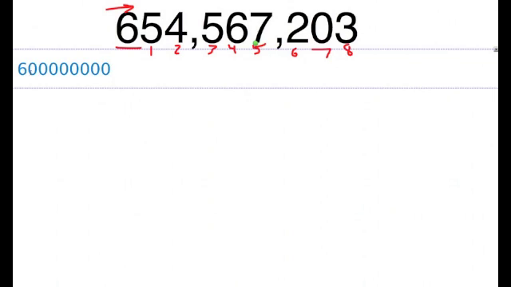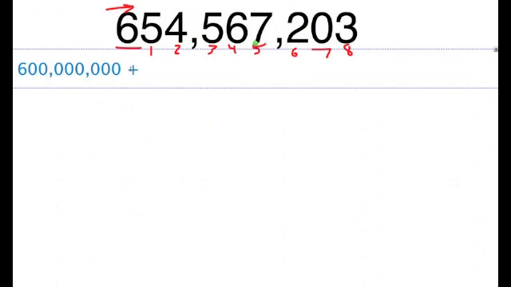Okay? Then, starting from the right, I will count over 1, 2, 3 zeros. I need a comma because every 3 digits from the right to left requires a comma to create the proper number. Then I'll count over 3 more zeros. 1, 2, 3, and I need a comma. Okay?